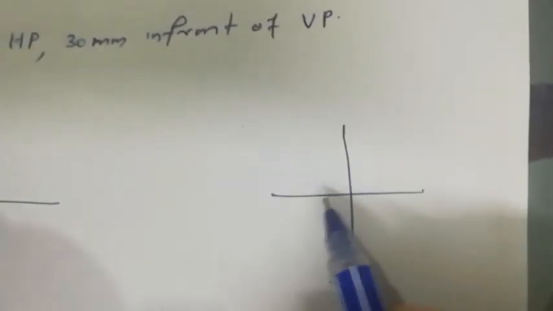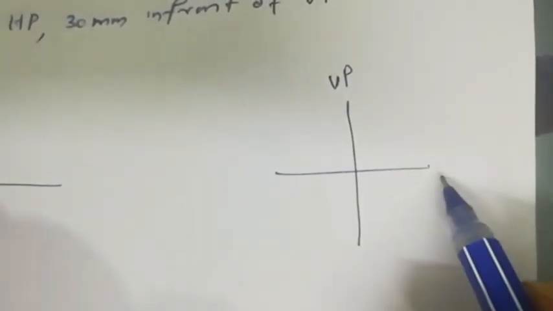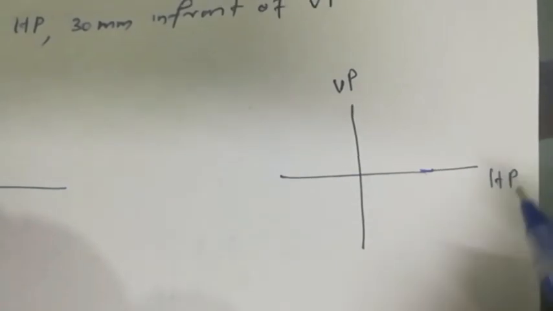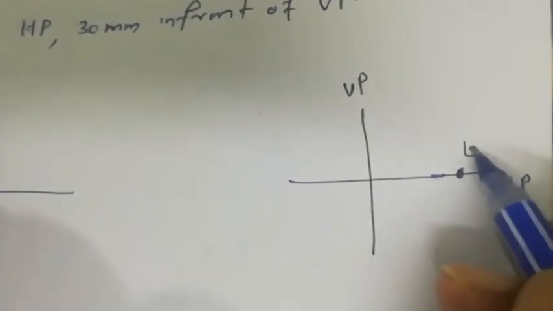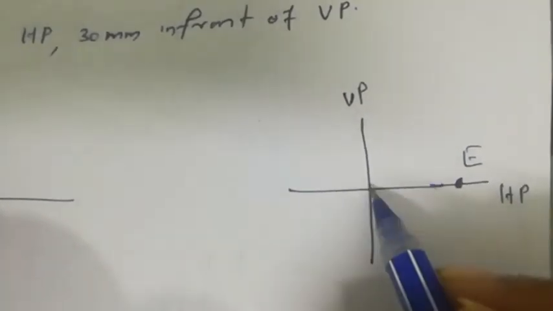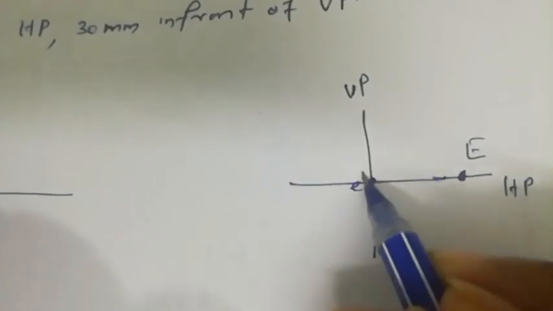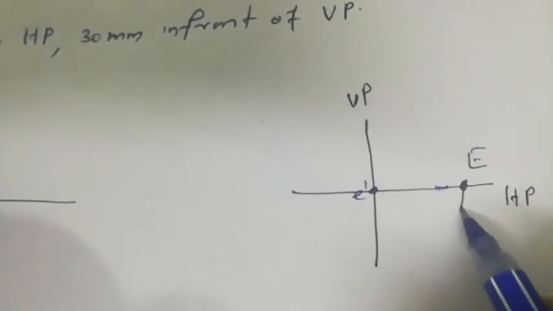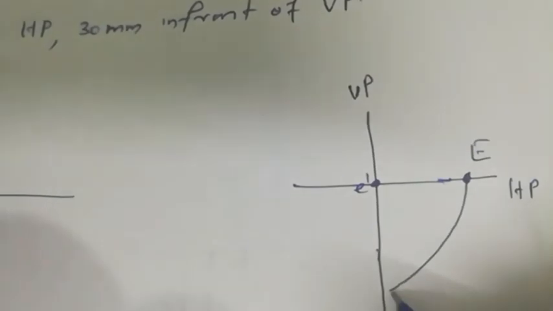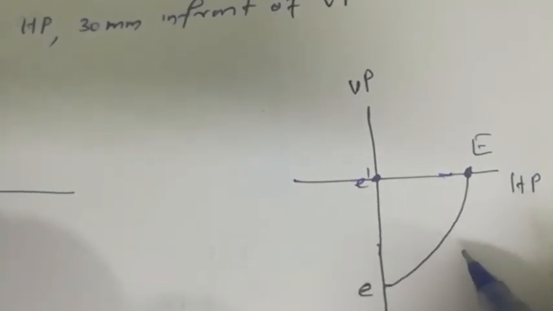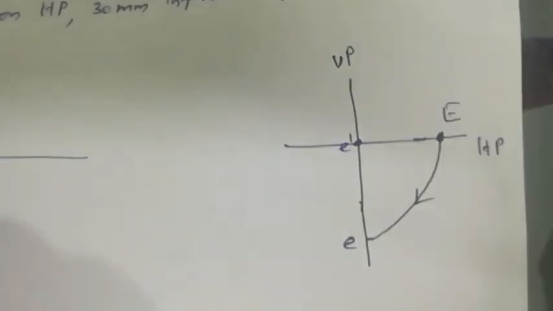If you know the actual situation, this is the VP, this is the HP, the point is here, capital E. The front view will be obtained here, that is the intersection of HP and VP, and the top view will come down. So this is E. This is the situation.